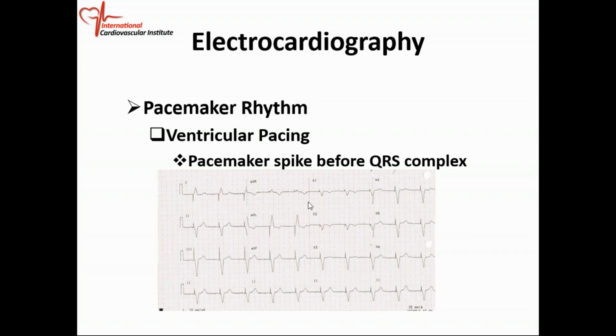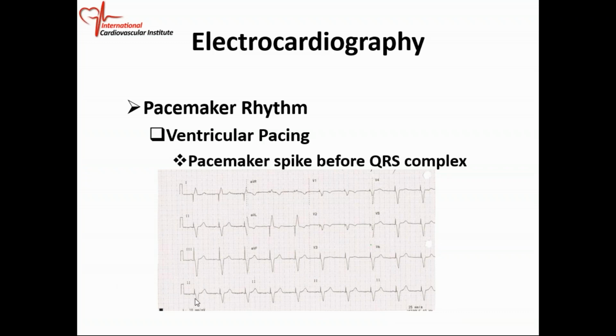So usually with a pacemaker, you'll get a spike, because you put a pacemaker in when the conduction system, the electrical system of the heart, is not working properly. So you put your pacemaker in, and you give the electrical current to the heart. Let's look at this rhythm strip at the bottom.